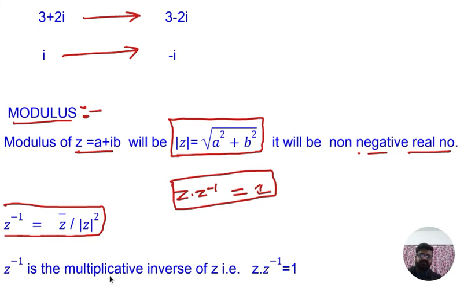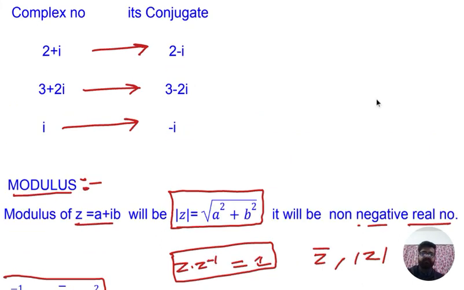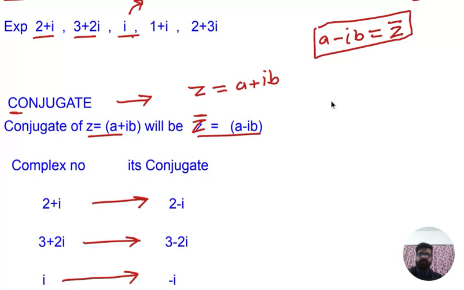z inverse is the multiplicative inverse. And how will you find the multiplicative inverse of a given complex number? First you have to find the conjugate, then you will find the modulus. That's why I first taught you how to find the conjugate.